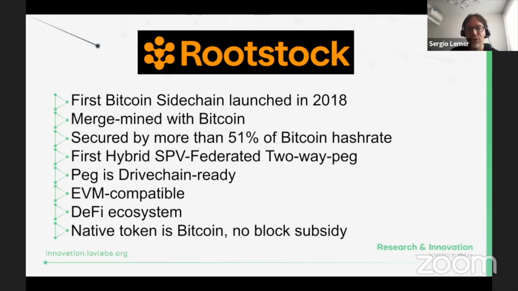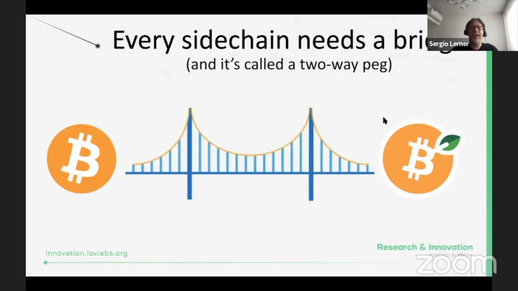That's a huge pro because we know there are many developers already used to working with Ethereum. It has a very rich DeFi ecosystem, like decentralized exchanges, lending, borrowing, all kinds of DeFi products that you can plug into. And of course, the native token is Bitcoin, right? So you pay transaction fees in Bitcoin. So as I told you, every sidechain needs a bridge.